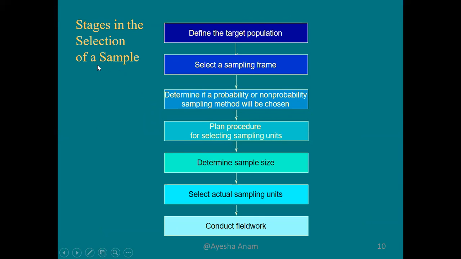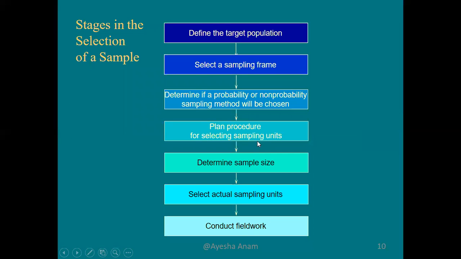So what are the stages when you are going to select the sample? First of all, you have to define the target population. Then select the sampling frame. Determine if the probability or non-probability sampling method will be chosen. So among the two categories, you have to choose one category. Then plan the procedure for selecting sampling units.